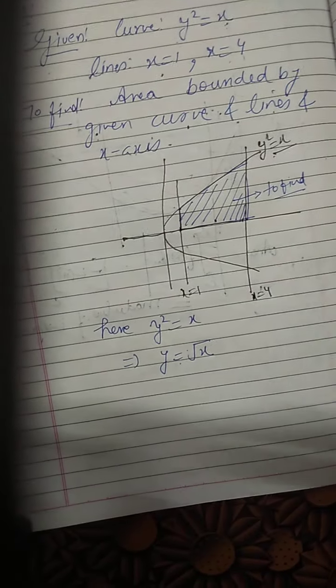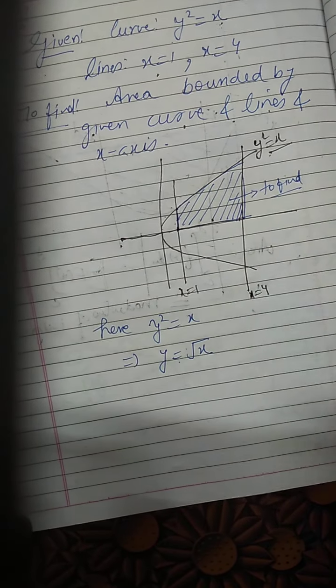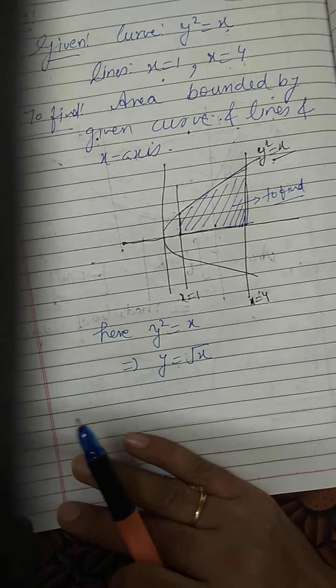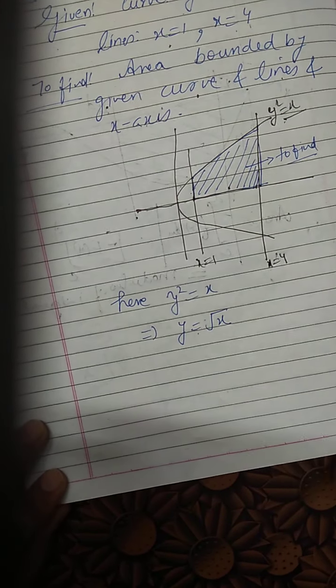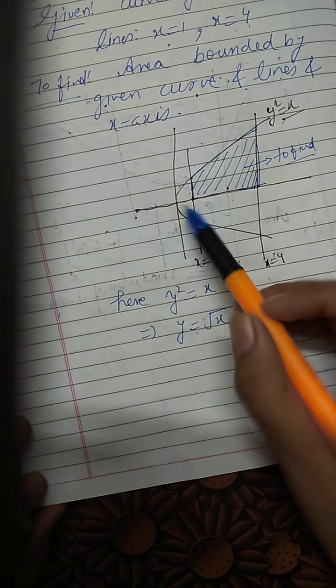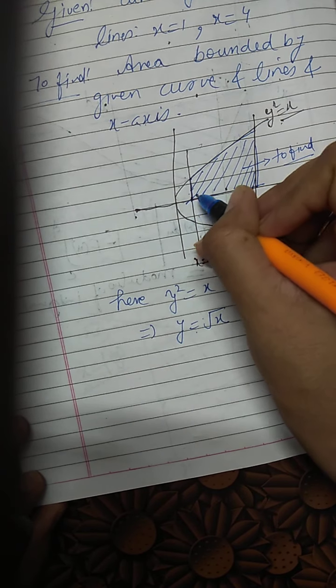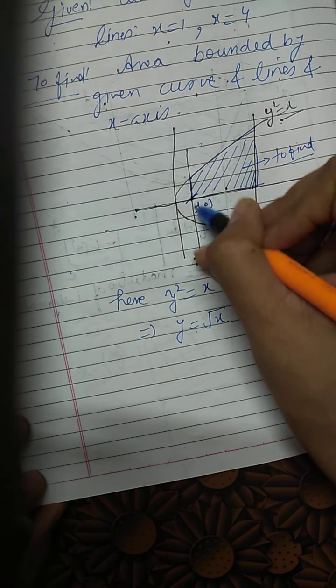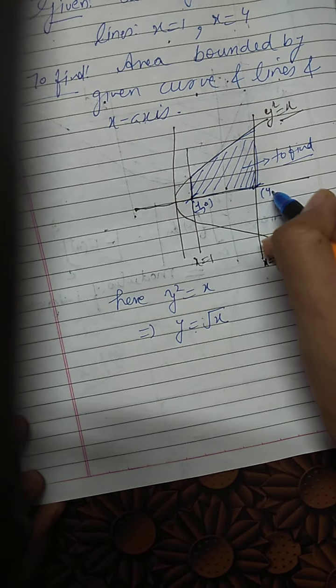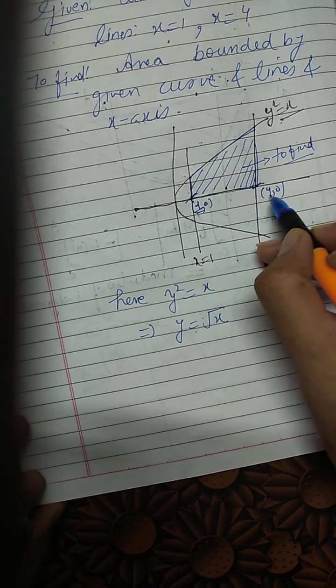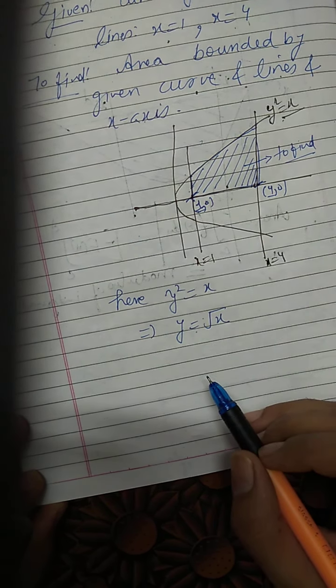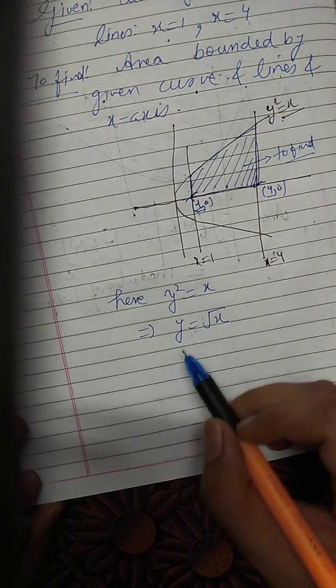The limits are given, since we have to find the area bounded by the two lines x equals 1 and x equals 4. If I mention these two ordinates here, this is 1 comma 0 and this is 4 comma 0. So the ordinates 1 and 4 give us the limits of the integral.